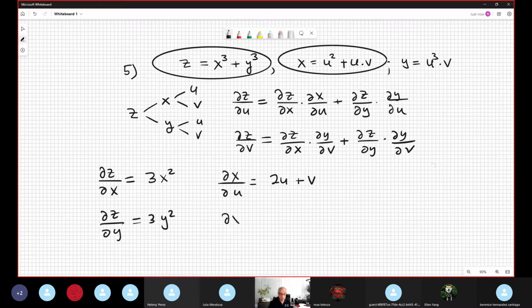And partial x with respect to b is, see, u differentiated with respect to b, u is considered a constant, and this is just u, because it's considered like a multiplier, it goes outside, the derivative of b with respect to itself is 1. And partial y with respect to u is 3u squared b. And partial y with respect to b is u cubed.